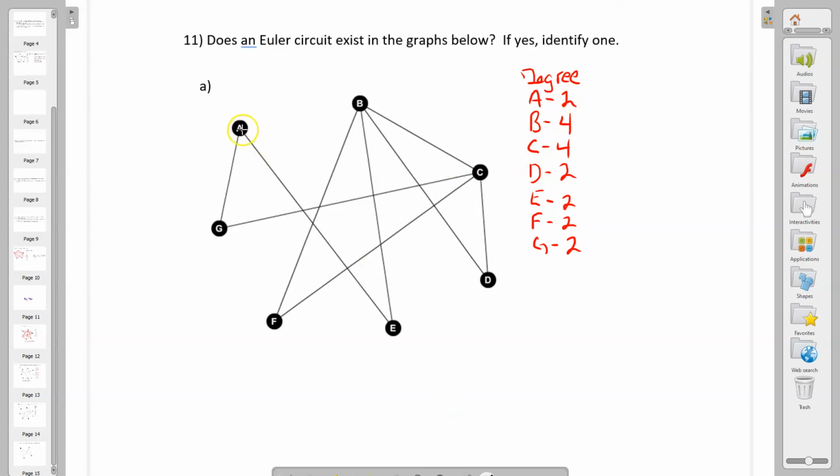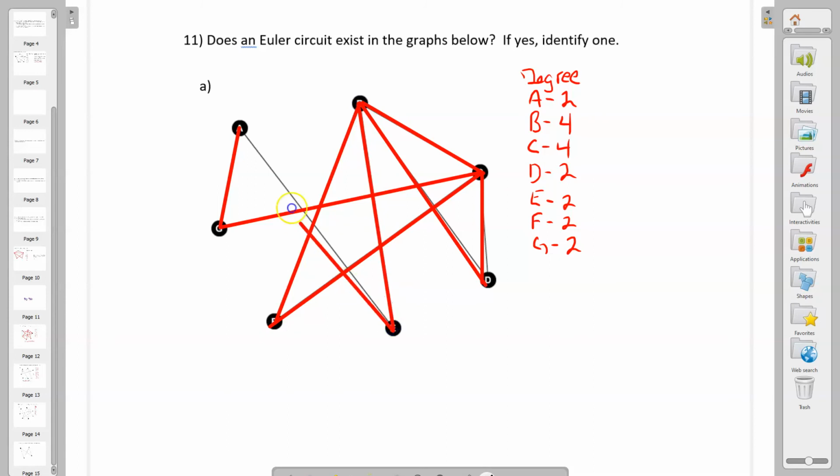In this case, I'm going to choose to start at A, and I'm going to go to G, to C, down to D, to B, over and back to C, to F, to B, finally to E, and back to A. So we've met the criteria. We started and ended at the same vertex. We covered each edge exactly once.